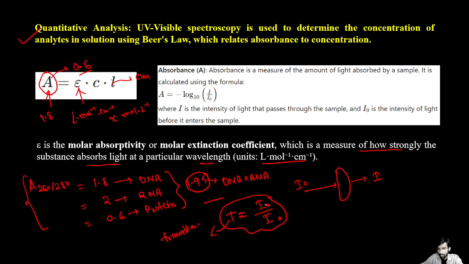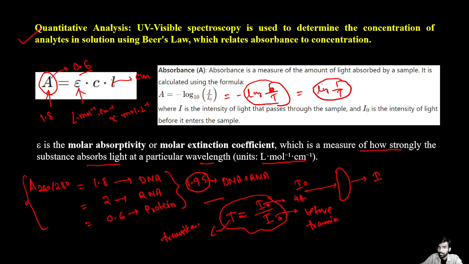This is the I before transmission, and this is after transmission. So we can also write minus log T, or log 1 by T. We can write it both ways.